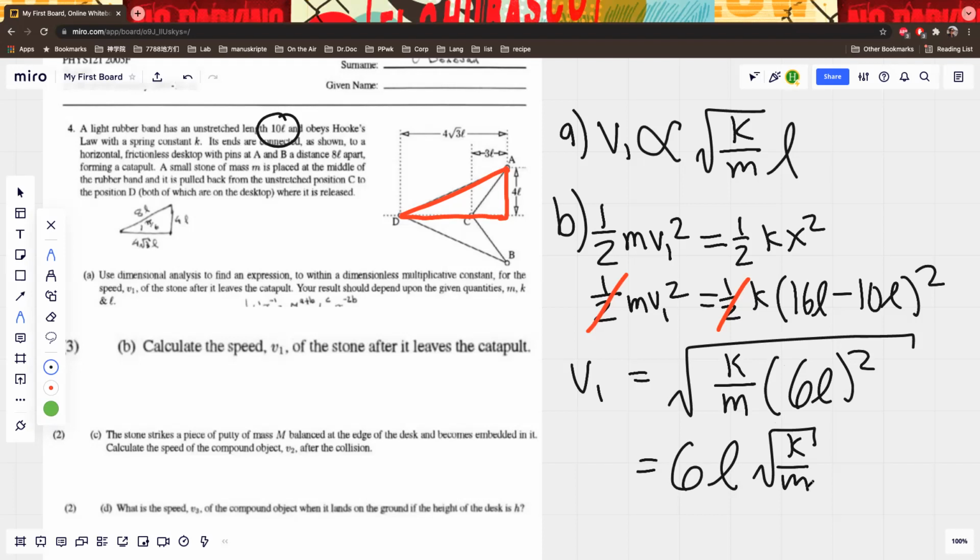All right. Okay, and this also matches in the exam, in the quiz. If you have part B and part A, it always makes sense to check to see if things are making sense. So here we got that V1 is proportional to square root of K over M times L. And in part B, we got that it's not only proportional to square root of K over M times L, but it's proportional with a proportionality constant of 6.